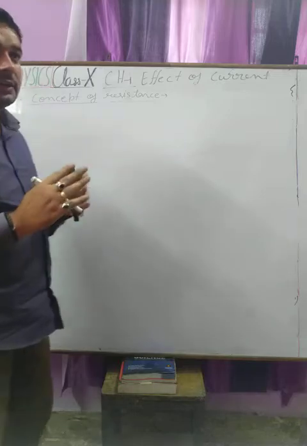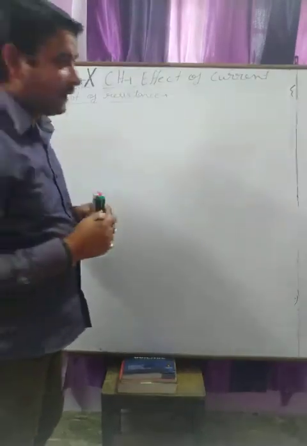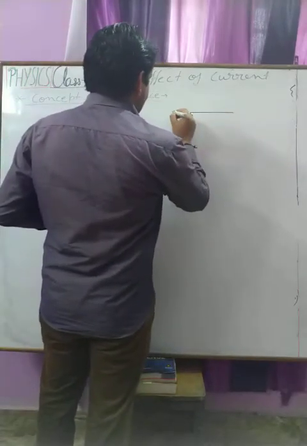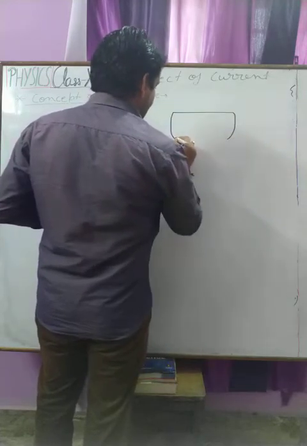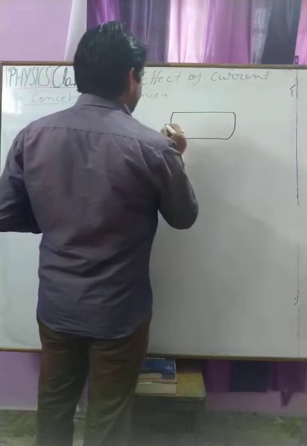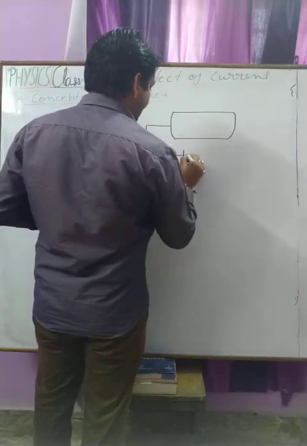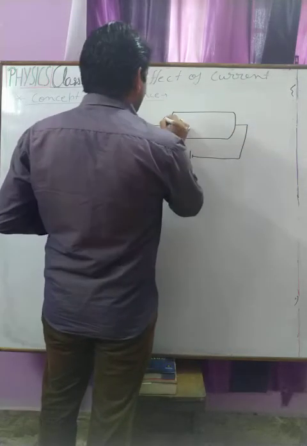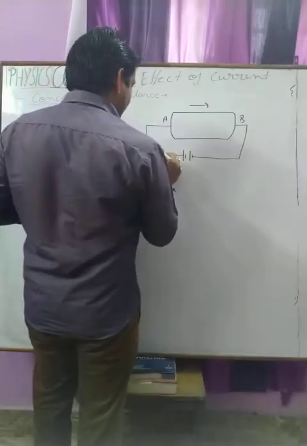Now we are taking a macroscopic small conductor in which current is flowing from point A to B. This is the direction of flow of current.